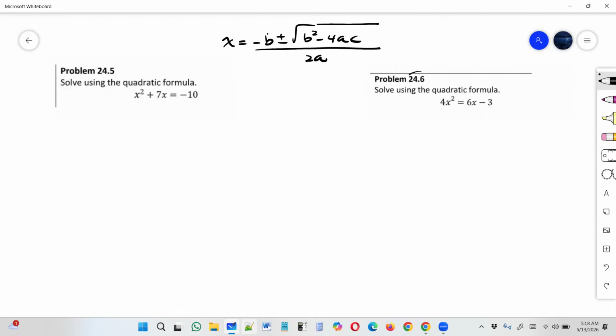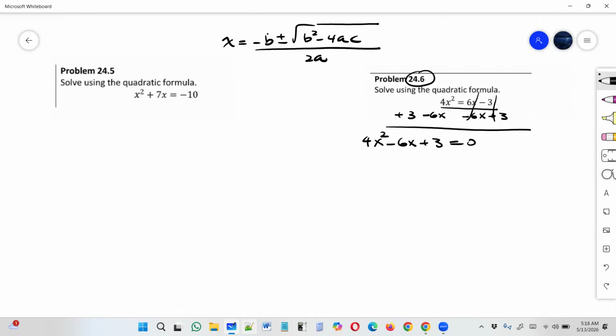Now, again, I have to solve this quadratic equation, but it's not in standard form, so the 6x minus 3 has to move to the other side. So I'm going to subtract 6x from both sides, and I'm going to add 3 to both sides. Okay, and now I am going to have 4x squared minus 6x plus 3 equals obviously 0.